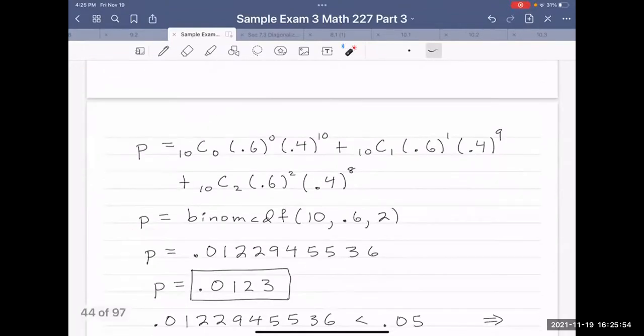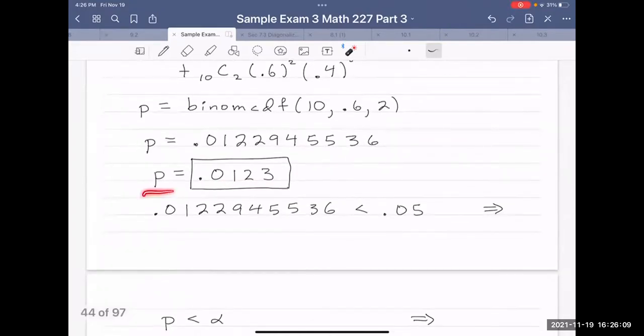Again, you can do this on your calculator: binomcdf 10, 0.6, 2. And so P is equal to 0.01229455536. So P, rounded to the nearest 10 thousandths, is 0.0123.